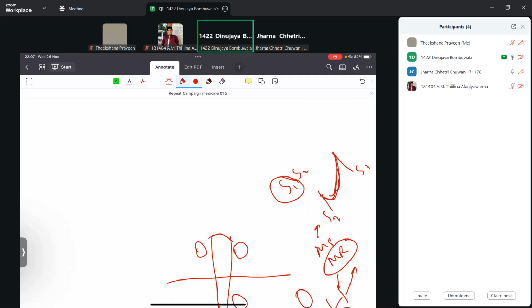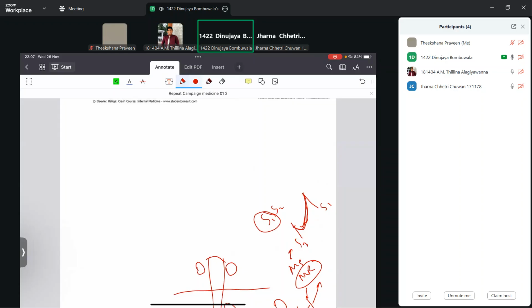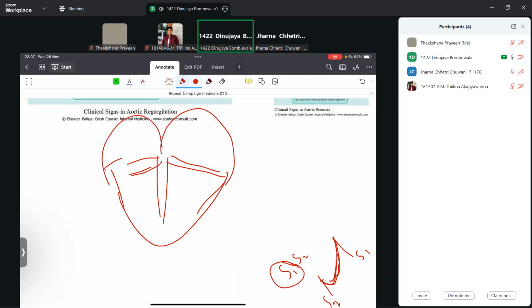It's not important, but it is easier for me to remember it this way. In MS, a small amount of blood goes from atria to ventricle.